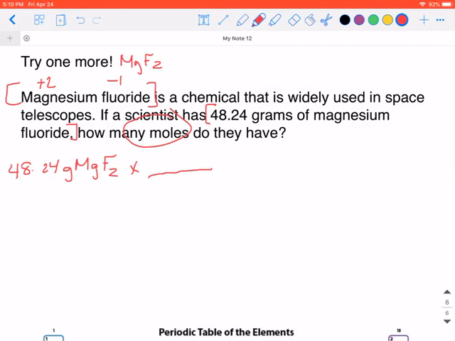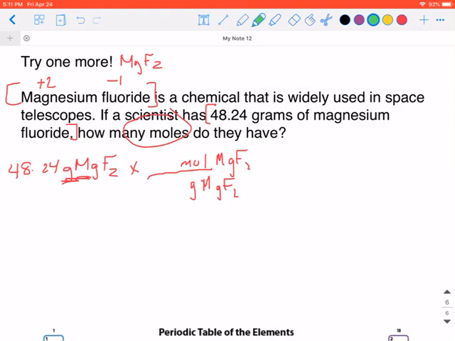I'm trying to convert to moles, so moles of MgF2 is going to be up top, and then grams, since I'm trying to get rid of it, is going to go on the bottom. Just remember, whatever unit you have over here has to go on the bottom. We want it to go away. So moles over grams, or grams per mole, I need to calculate the molar mass.